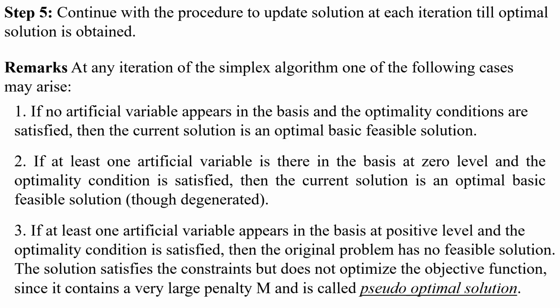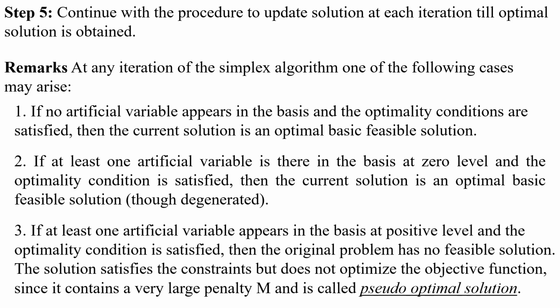The third case is, if at least one artificial variable appears in the basis at positive level and the optimality condition is satisfied, then the original problem has no feasible solution. The solution satisfies the constraints but does not optimize the objective function, since it contains a very large penalty M, and is called a pseudo optimal solution.